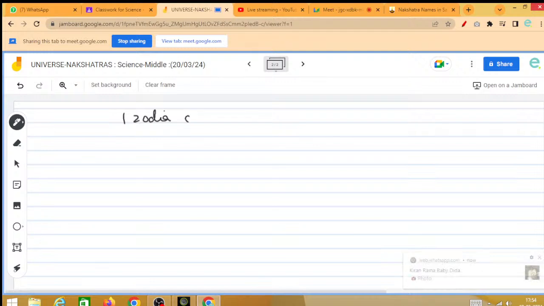The pen is giving trouble again and again. One zodiac sign is how much? One zodiac sign is 30 degrees. One nakshatra is 13 degrees 20 minutes.